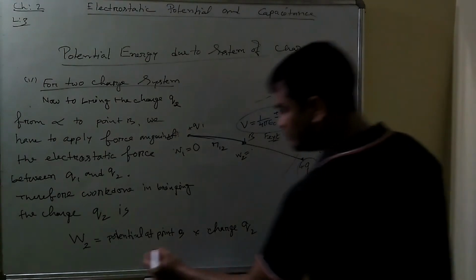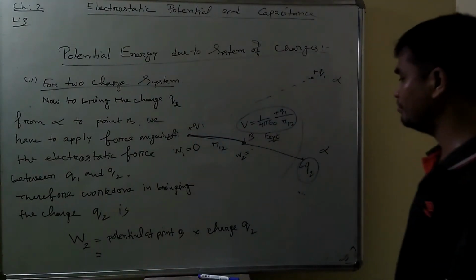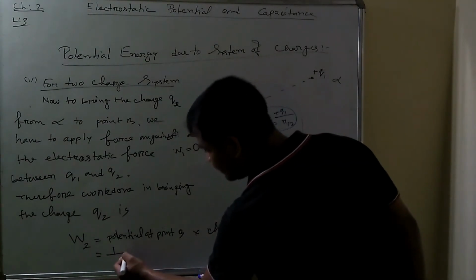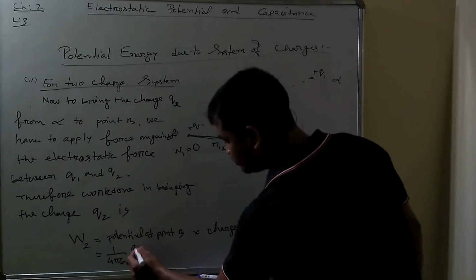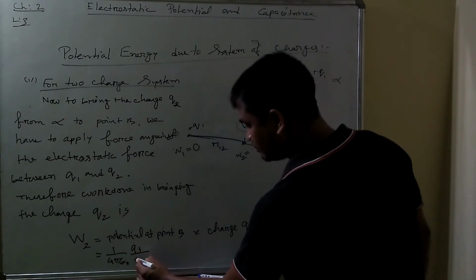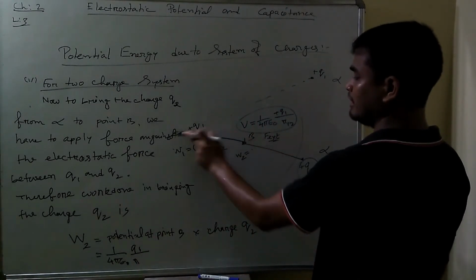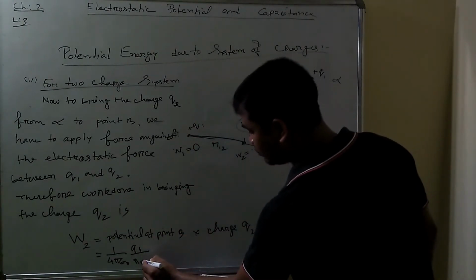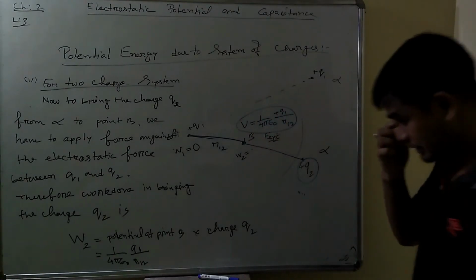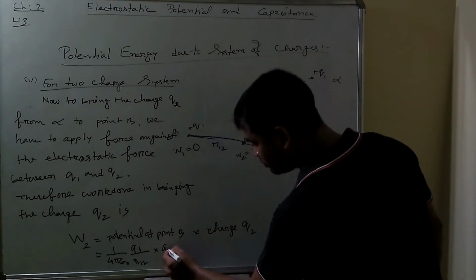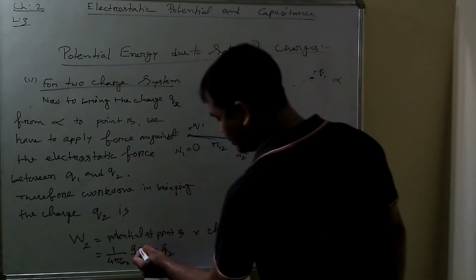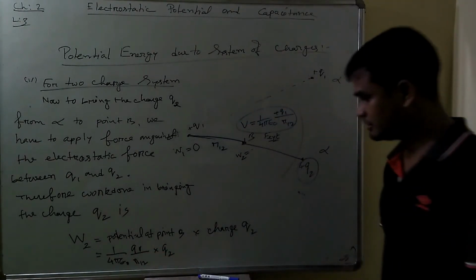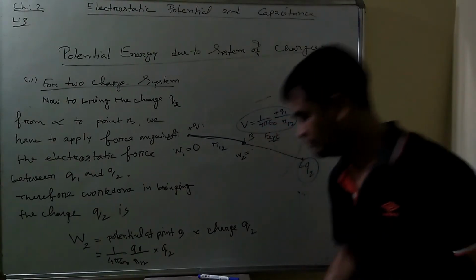Okay, the potential at B is how much? The potential at point B is 1 by 4 pi epsilon naught due to Q1 charge. Therefore, Q1 divided by the distance between the point B and charge Q1, which is R12, into Q2. Clear? This is the work done required to bring the charge from infinity to the point B.